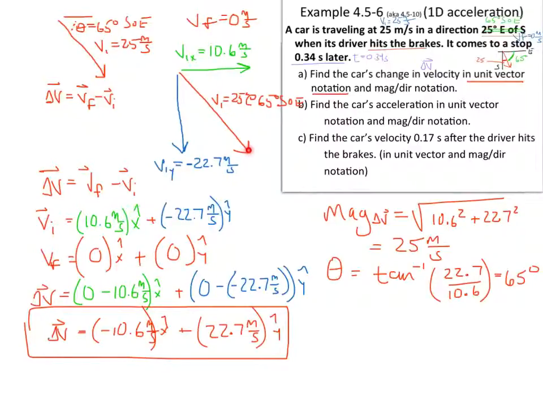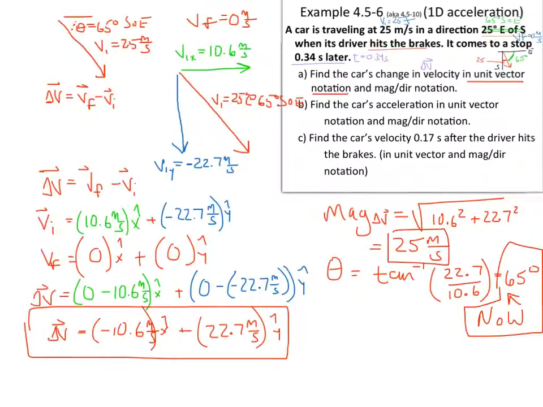So what is the quadrant? Well, we've got a positive y and a negative x. So it's going to look like that, right? So what quadrant is that? That's north of west. North of west.